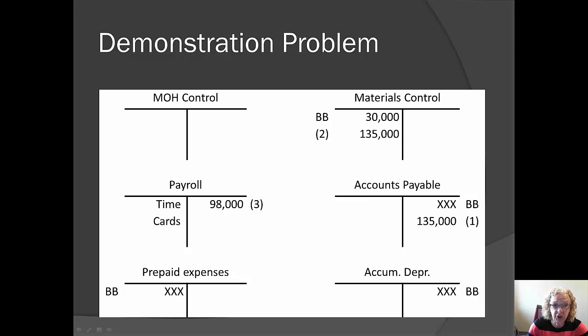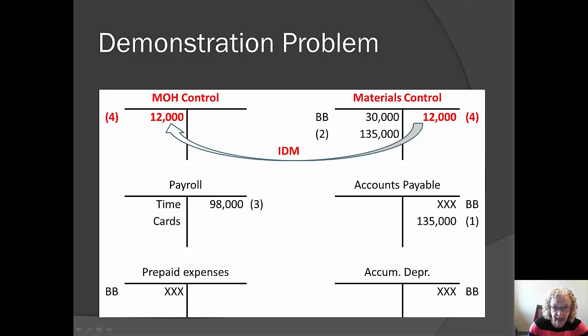So how is that going to affect our T accounts? When we use materials, our materials control goes down and our manufacturing overhead goes up by the cost of all of the materials that we use indirectly.